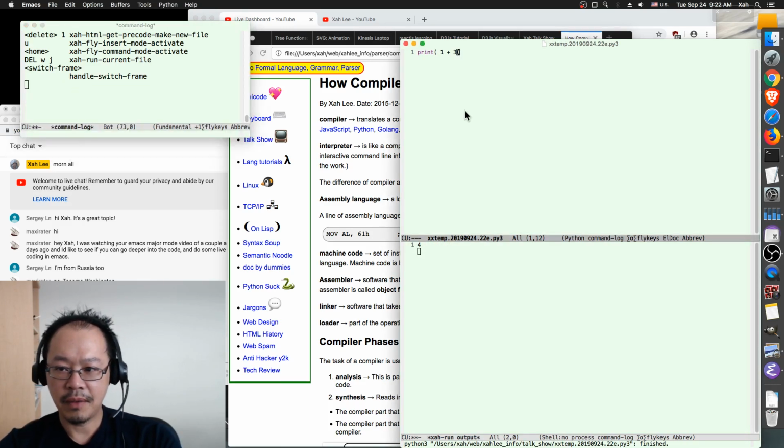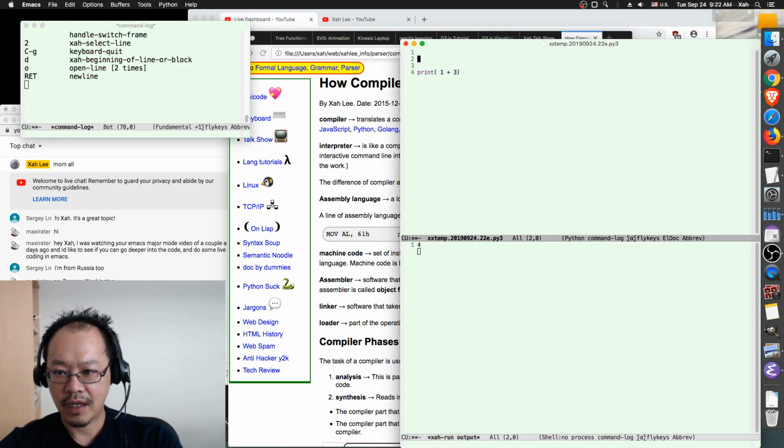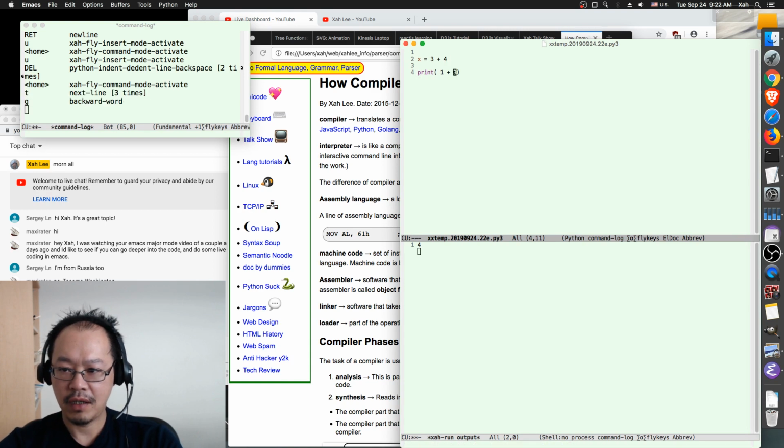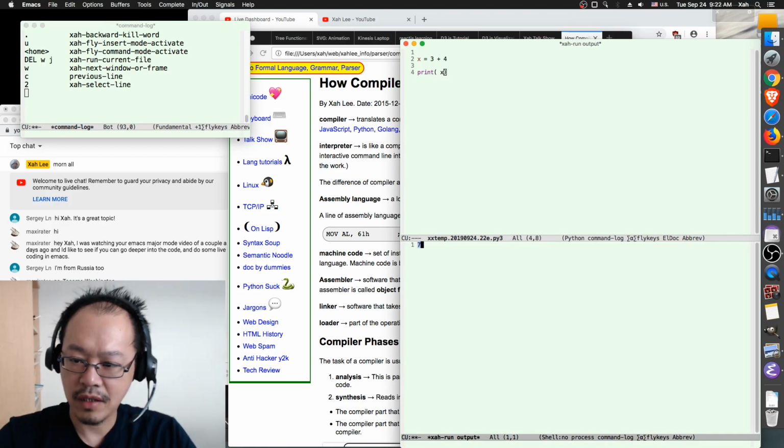I haven't been coding Python for a while, so let's say x equals 3 plus 4, then print x, run it, the result is 7.